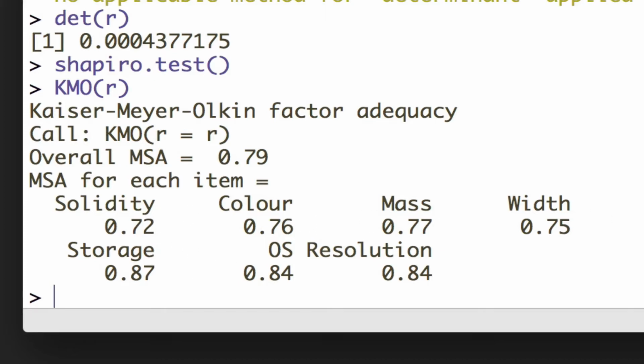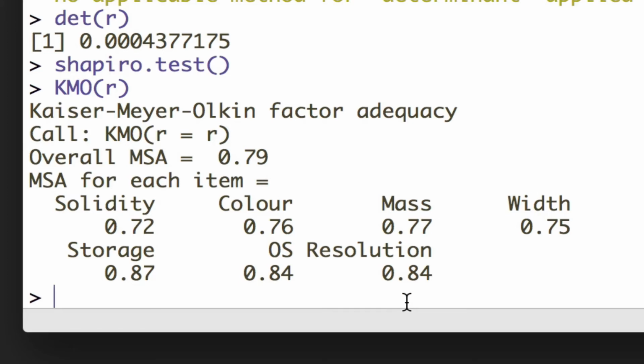Some of these individual values are encouraging as well. So we're going to assume that's all our assumptions checked, even though some of them aren't true of this data. But we're going to assume that that's the case and forge ahead.